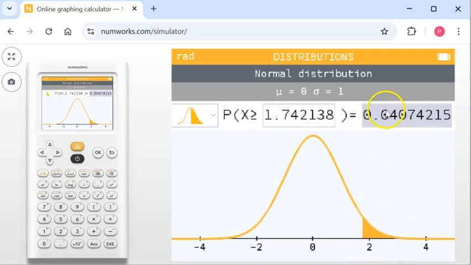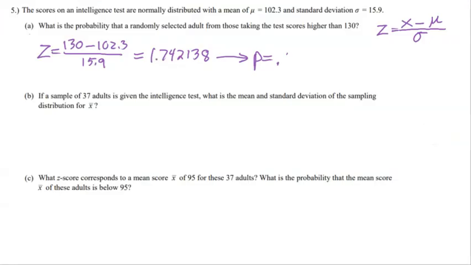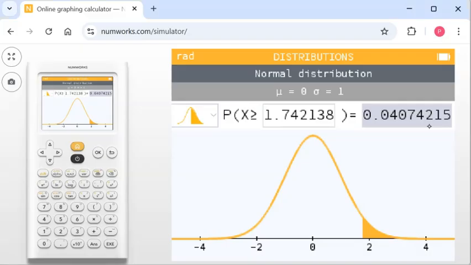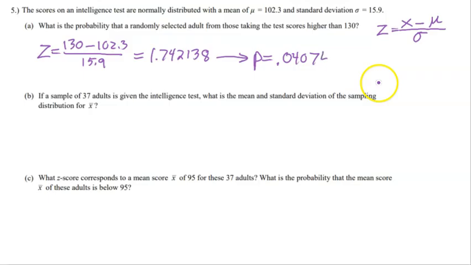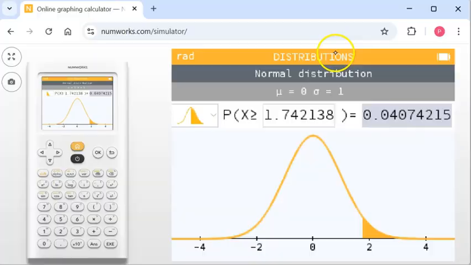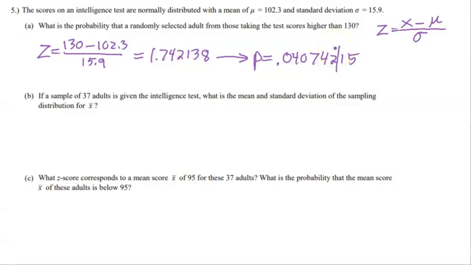It didn't shade very much. 0.0407, 4215. You can probably only go to either 4 or 6 decimals, but I'm just trying to make sure we cover all the bases by showing you the whole number.